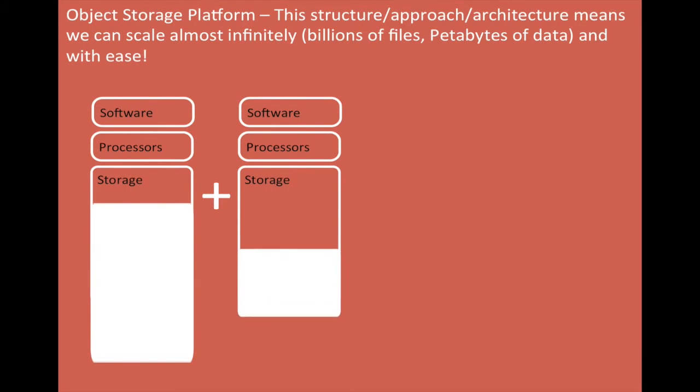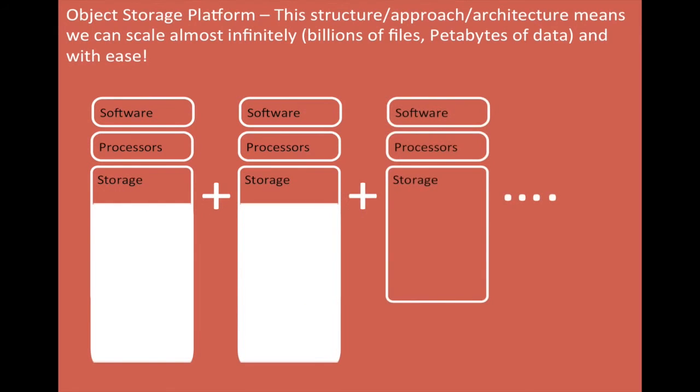And as that fills up, we can hit a threshold and we can add some more. This is what gives us this almost infinite or near infinite size. It's a flat container, but it's now being spread across these multiple nodes. So you would call each of these a node within the object storage cluster. So you just add more nodes and you just keep going. And this can be billions of files, petabytes of data. I mean, it can get really, really huge.